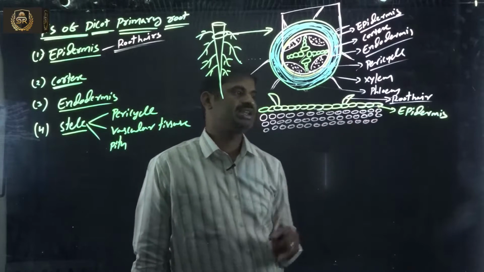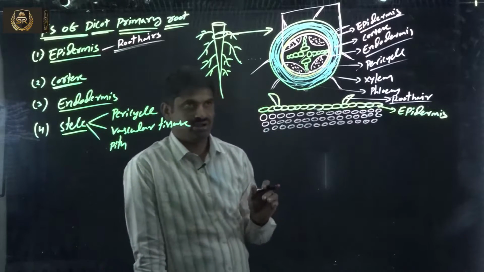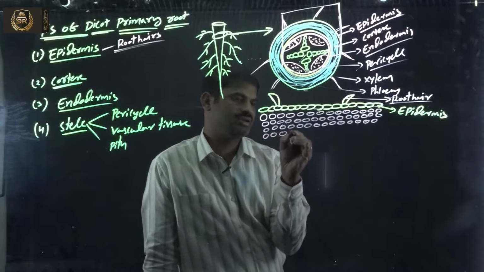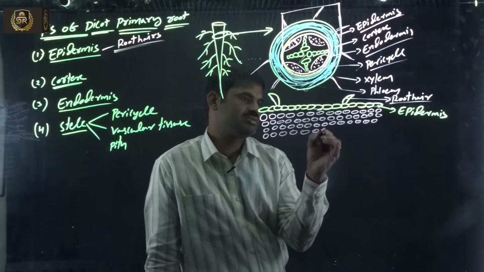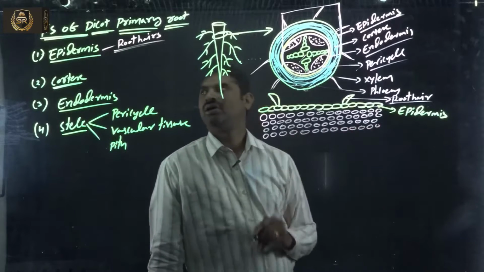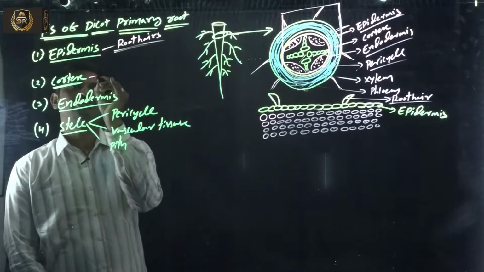Multicellular means made up of many cells. Cortex is made up of parenchymatous tissue.